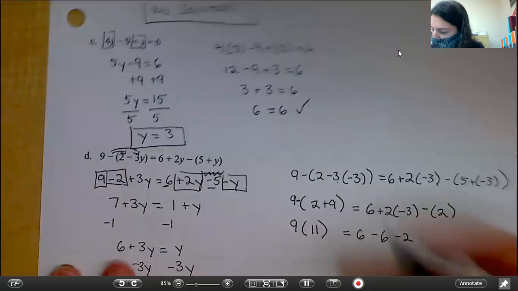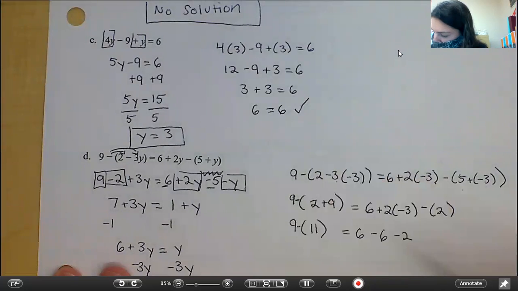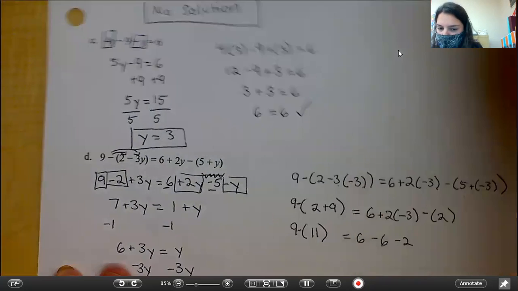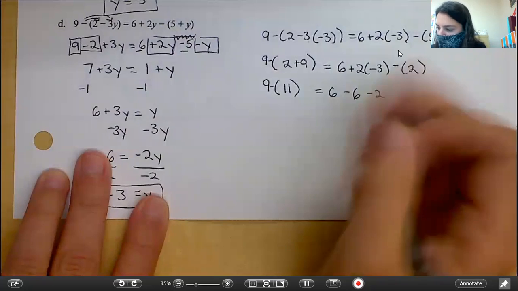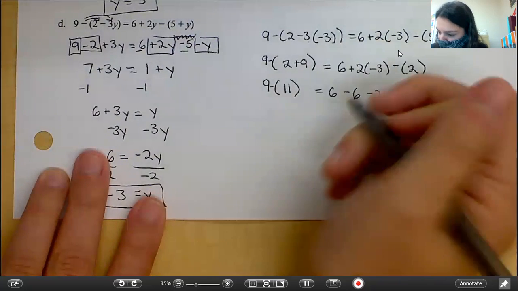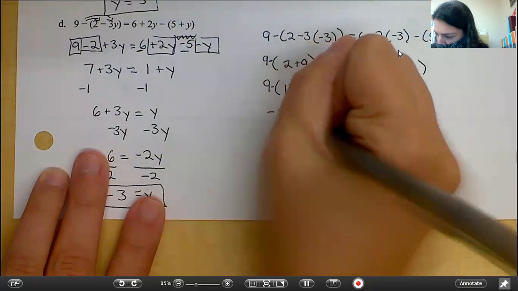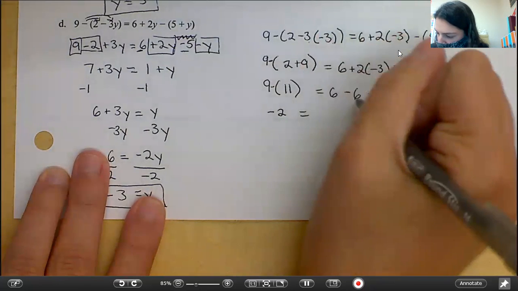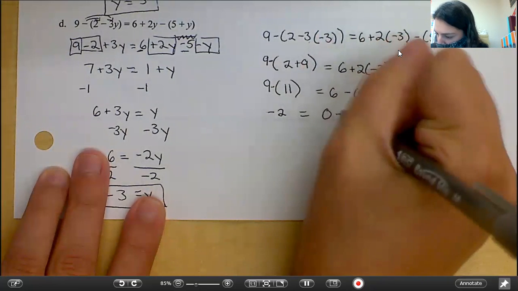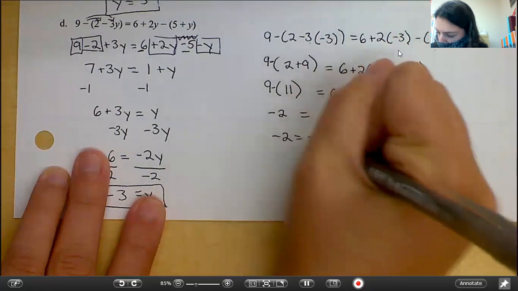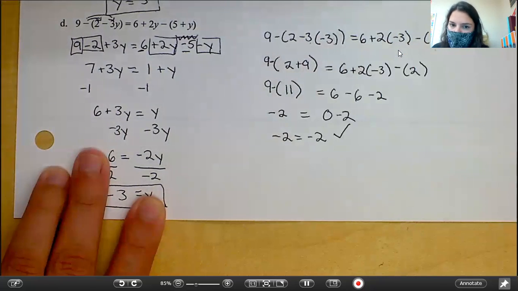That was my fault. I copied that down wrong. That should be 9 minus 11. So 9 minus 11 is negative 2 equals 6 minus 6 is 0 minus 2. Negative 2 equals negative 2, and it checks.